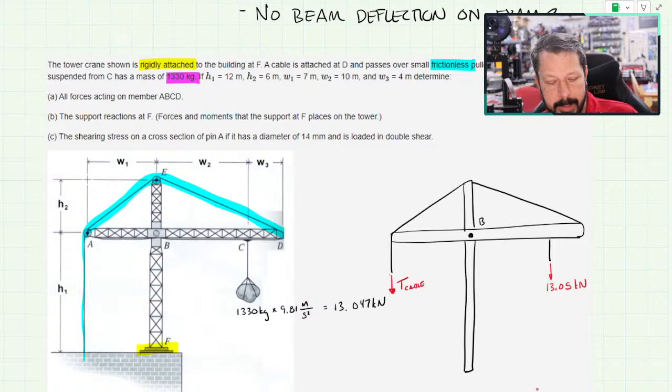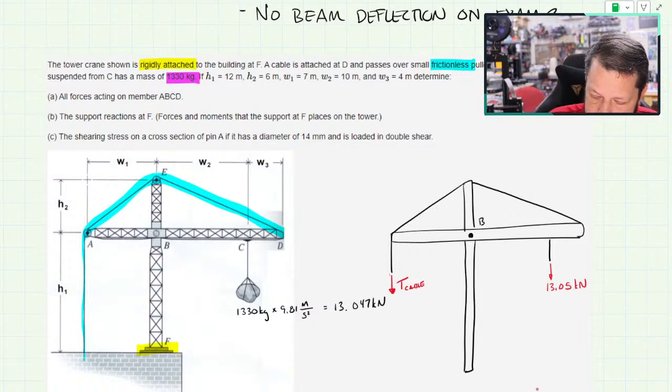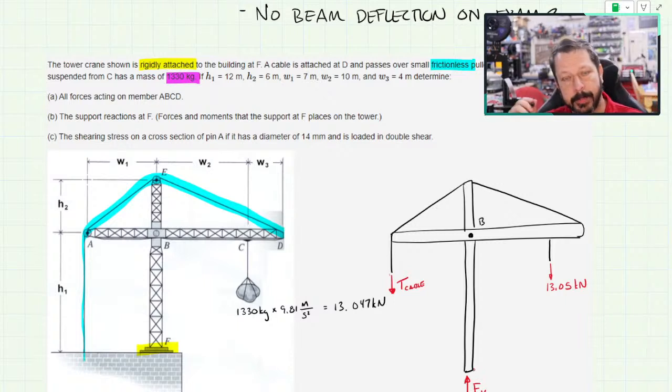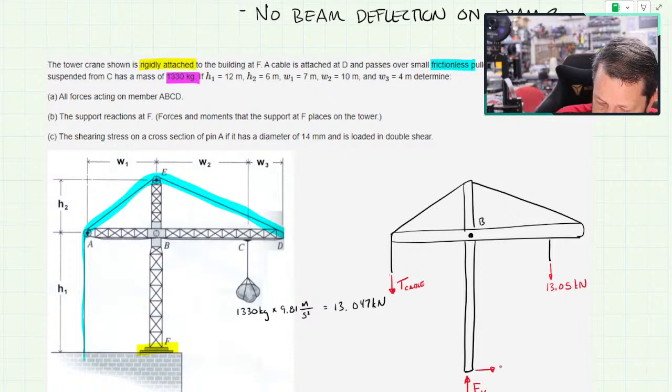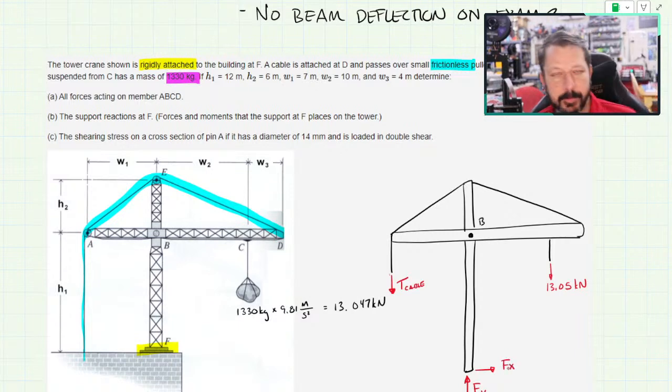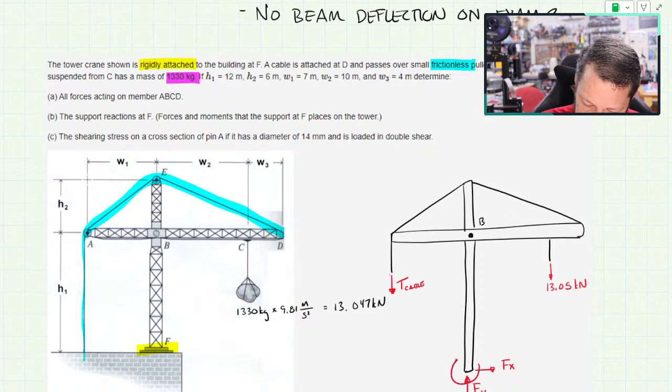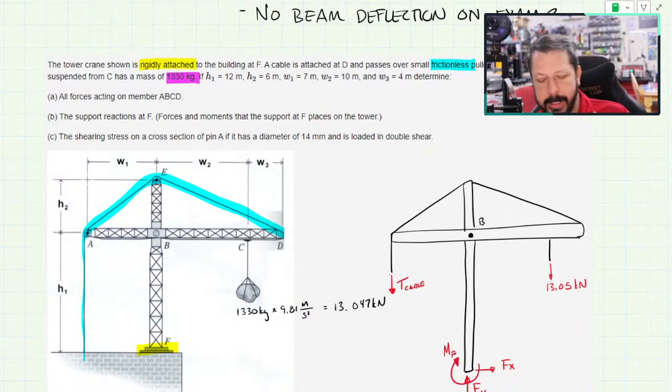And then at F, we have a vertical force that keeps the whole thing up, a horizontal force that keeps it from moving left and right, and then a concentrated moment, we'll call that the moment at F, that keeps it from tilting over. So those three reactions are at all the fixed supports: X, Y, and a moment.